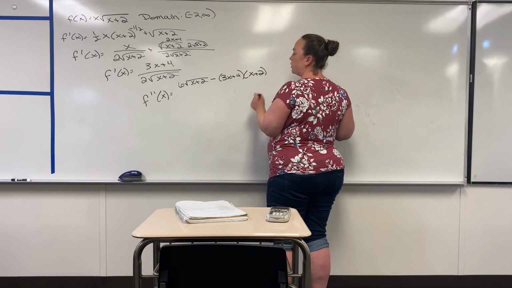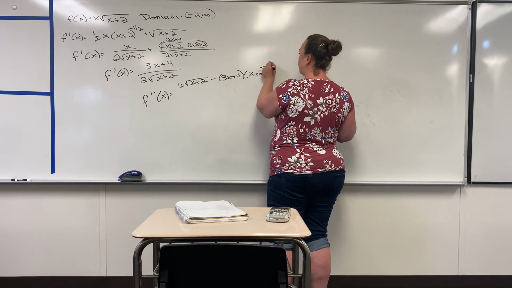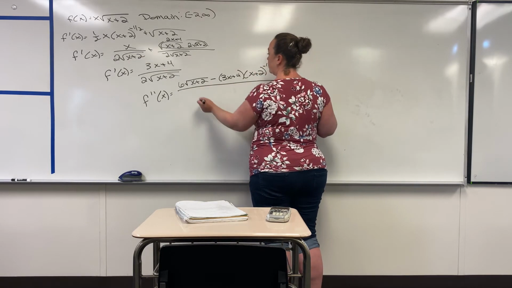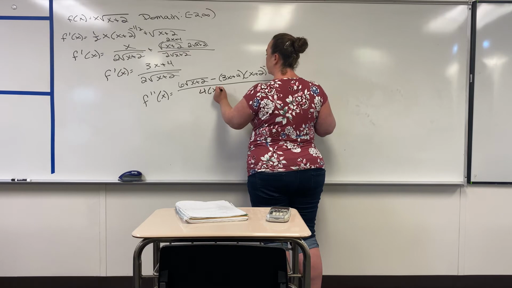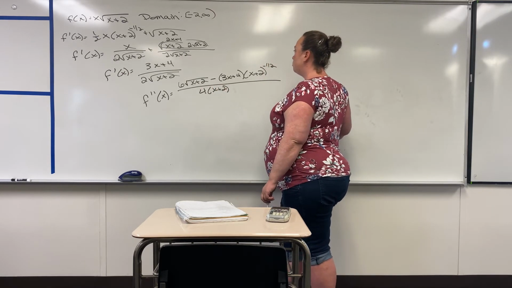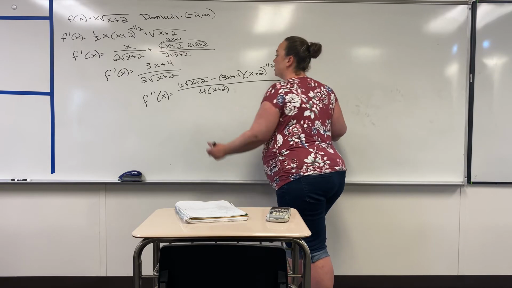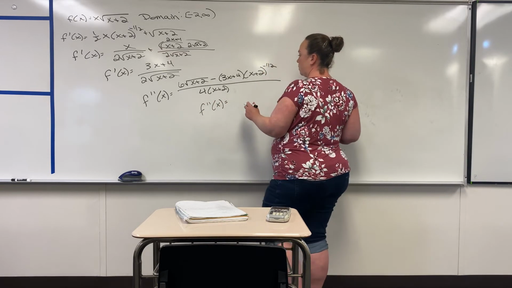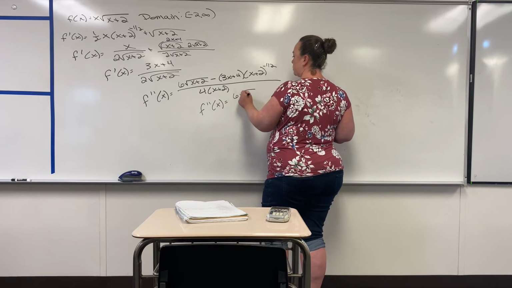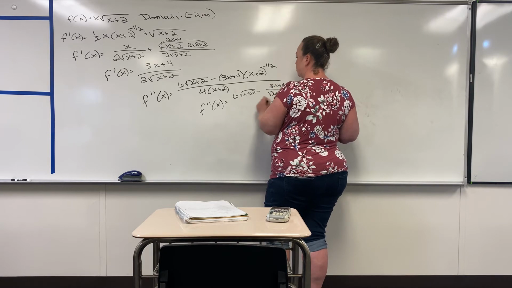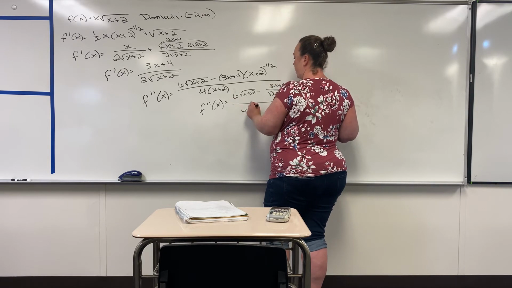The 2 and the 1/2 would cancel out, and then you've got x plus 2 to the negative 1/2 over bottom squared. So we've got 4 and x plus 2. Sure, so looking to clean this up. Got 6 for x plus 2 minus, this is going to be 3x plus 4 over square root of x plus 2 over 4 and x plus 2.